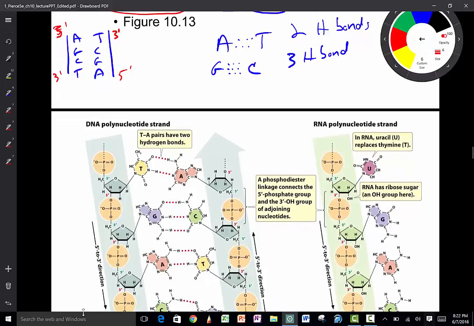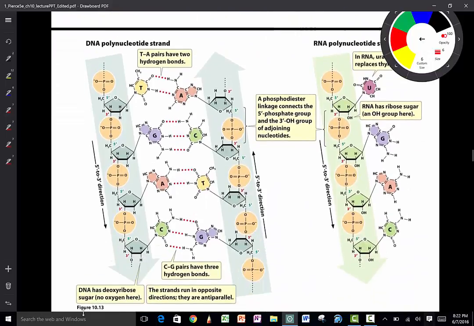And so here's a view of DNA in its anti-parallel and hydrogen bonding nature. If you look at the details, you can see there's a deoxyribose sugar right here.